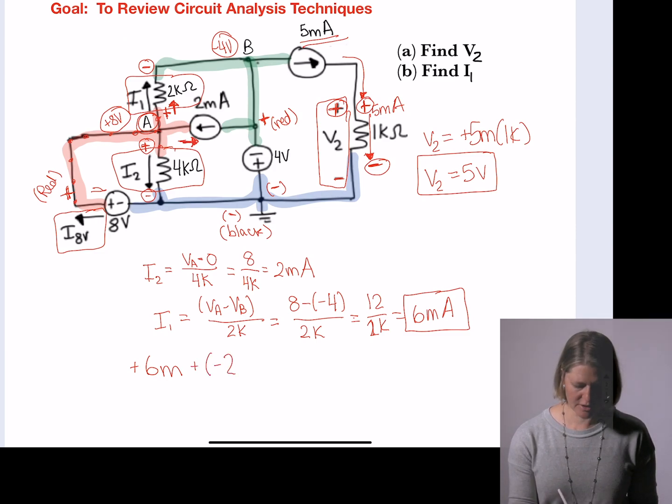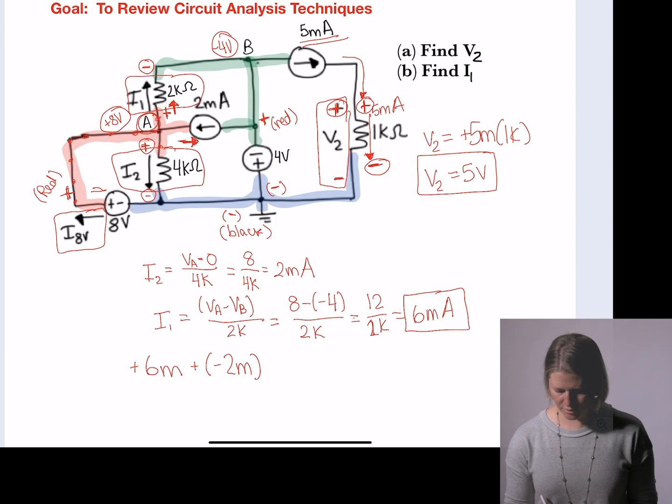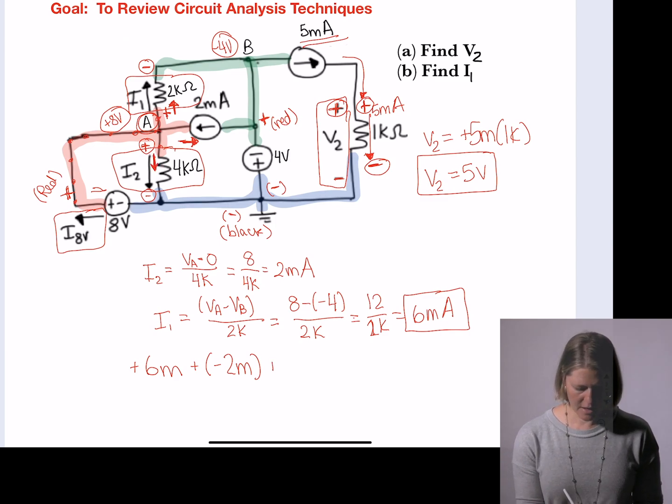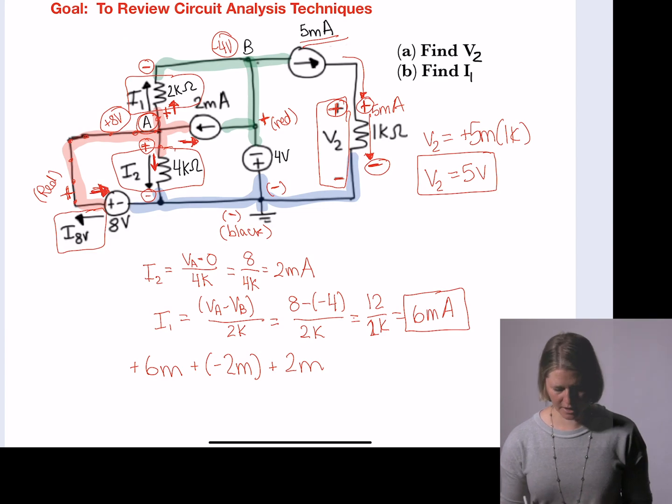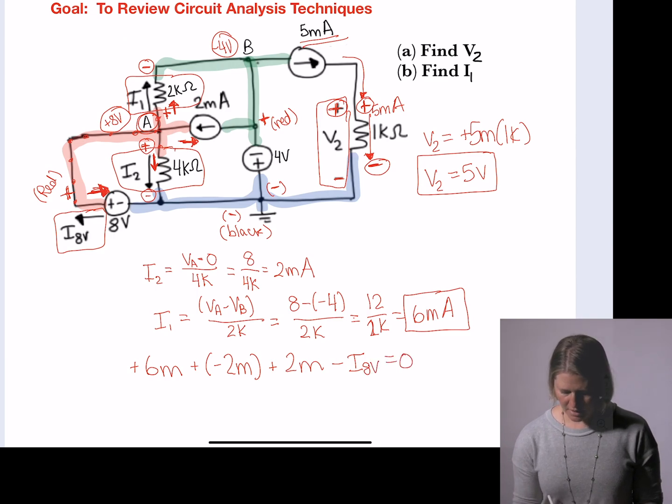Into this branch is the same direction for I2, and I2 was 2 milli. And then I8V is already drawn there, but I want to take the current going out of that node. So I define that as a minus I8V. So that equals 0. And I get I8V is going to be 6 milliamps.